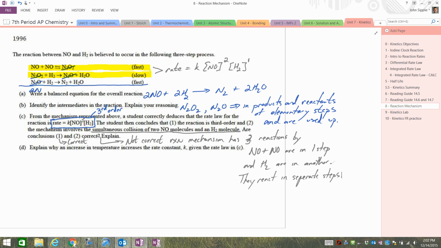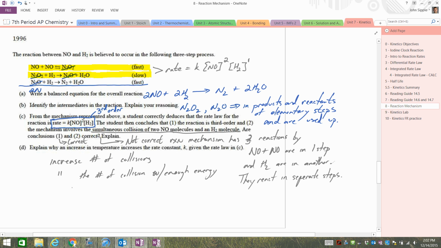So if we increase the temperature, we increase the number of collisions because molecules are just moving faster. We're going to have more collisions, and you increase the number of collisions with enough energy to overcome EA, the energy of activation, for a reaction to happen.